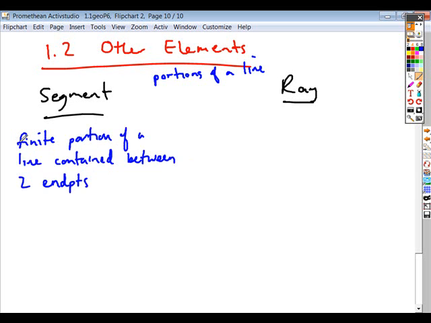Finite means it has a definitive beginning and end. It's not an infinite portion, like the line. It is a finite, or specific, portion of that line.